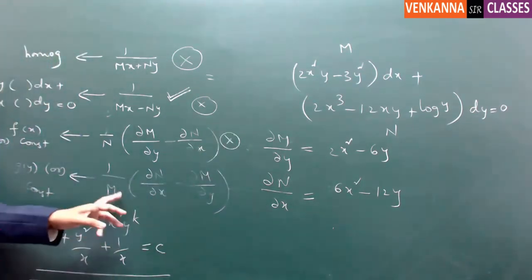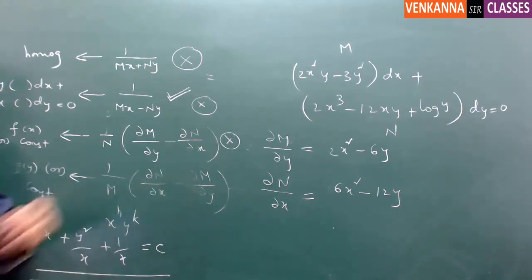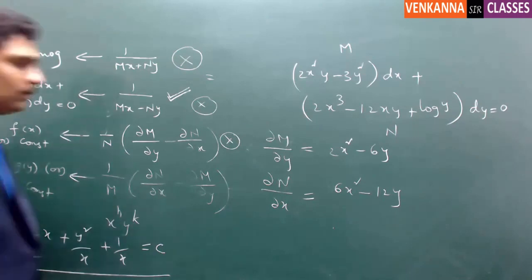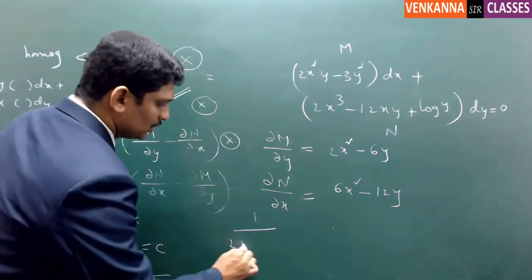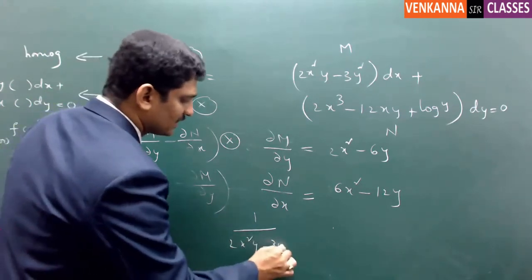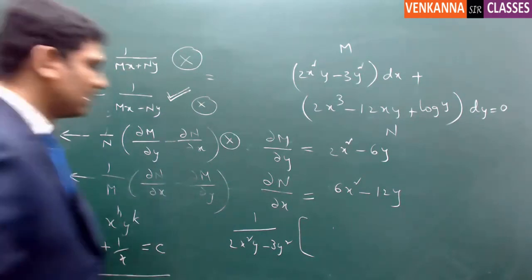Now I am going with this one: 1 by m into dou n by dou x minus dou m by dou y. So 1 by m means 1 by 2x square y minus 3y square, times dou n by dou x minus dou m by dou y.